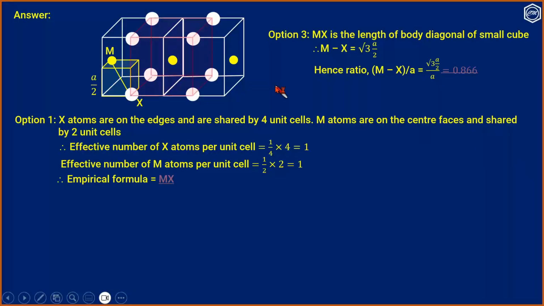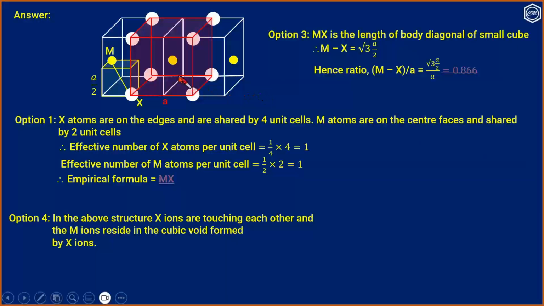Now imagine this red unit cell. And in the red unit cell, the M atom is at the center. And this distance is a, edge length. So this is same as this one. Of course, these X atoms must touch each other.